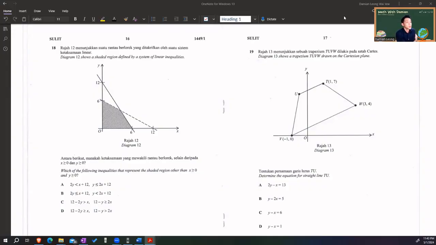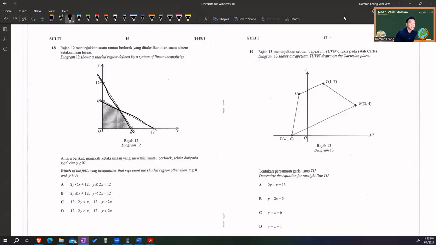Okay, so question 18. Rajah 12 menunjukkan suatu rantau berlorek yang ditakrifkan oleh suatu sistem ketaksamaan linear. So there are multiple inequalities here. Ada dua garisan yang mewakili dua ketaksamaan linear.